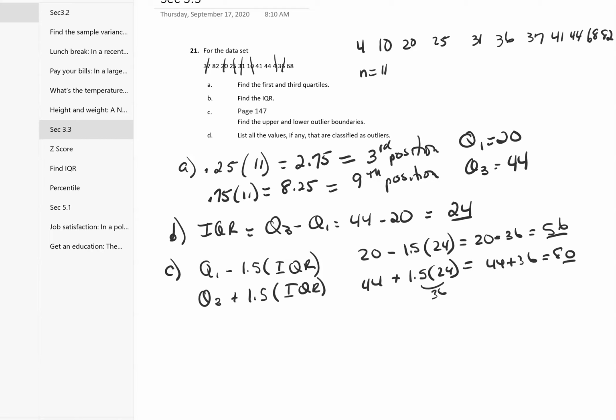That was minus, so this is a minus 16. Well, there are no numbers less than negative 16. However, there is one number greater than 80, so the outlier is going to be 82.